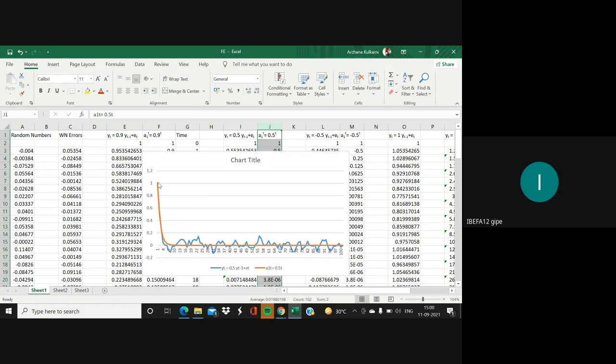You'll see that there's a rapid drop from the initial value of 1 to 0, so even the initial value has a lesser influence, all because the magnitude of a1 is much smaller here. So if a1 is smaller, then the rate of convergence is faster. That is the point that I was trying to make here. The rest of the logic is similar to what we were discussing in the previous situation.